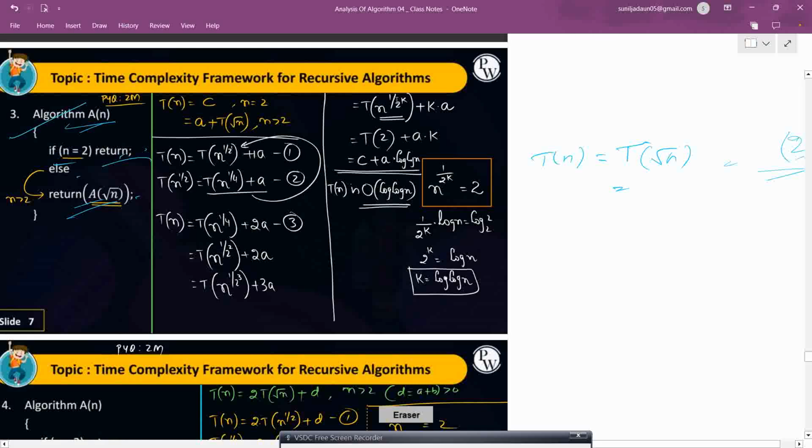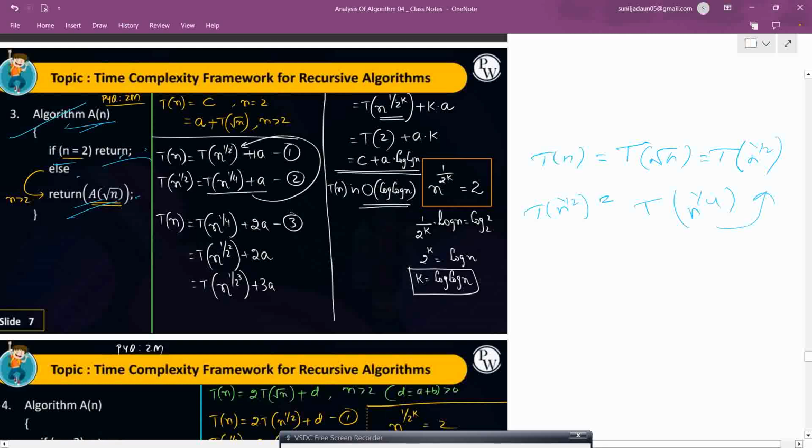Or we can say T of n by 2. Here it will decrease in root times, so it will become T of n by 1 by 4, right? So from this, how can I do that?